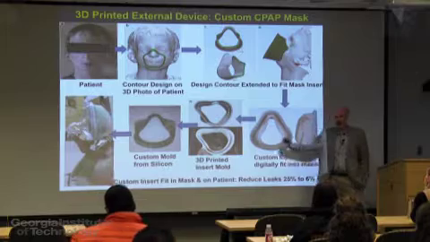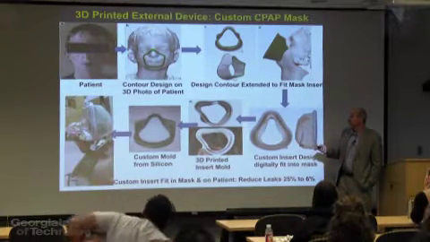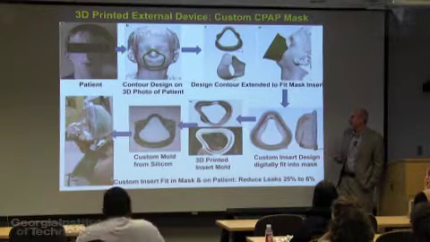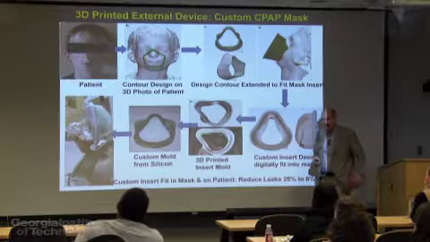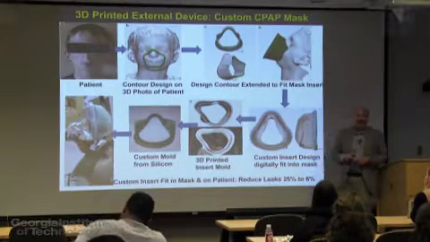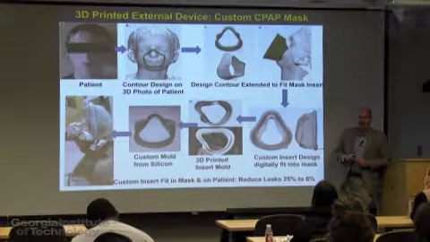So that started a whole other project here of creating customized inserts for CPAP masks to fit kids with craniofacial anomalies. In other conditions, we of course take CT or MR scans, but we didn't want to do that because of the expense and exposure to radiation for these kids.